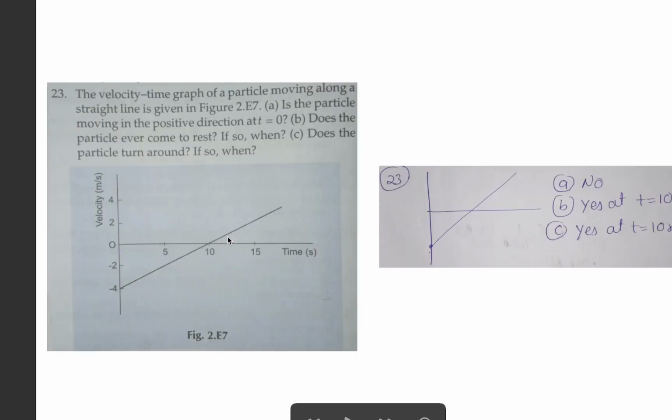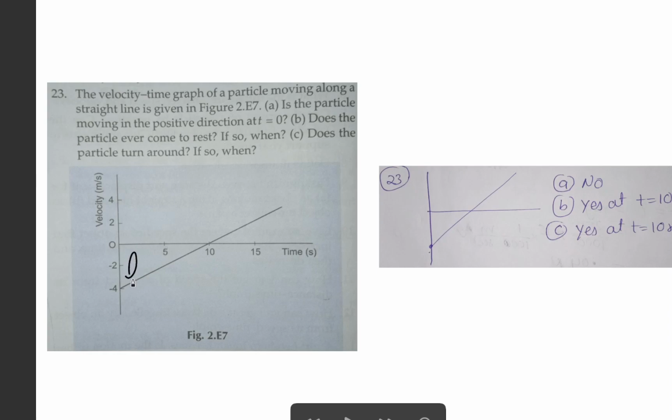In the 23rd question, the velocity time graph of a particle moving along a straight line is given in the graph. Is the particle moving in the positive direction at t equal to 0? Does the particle ever come to rest? If so, when? Does the particle turn around? If so, when? So first, is the particle moving in the positive direction?